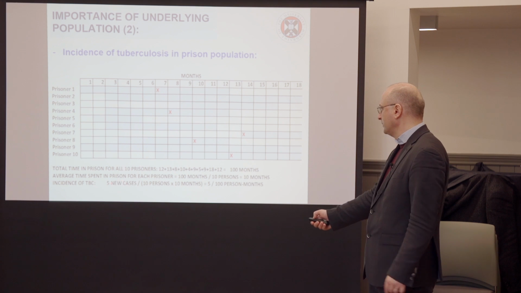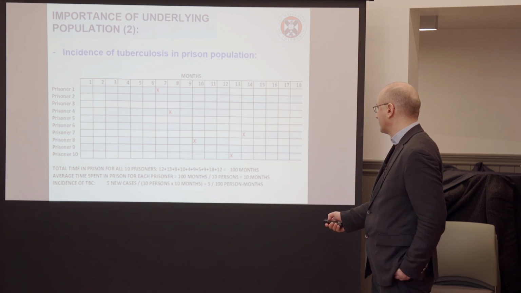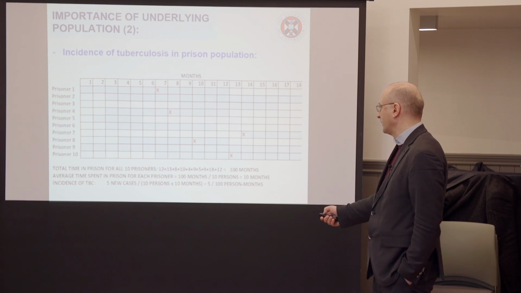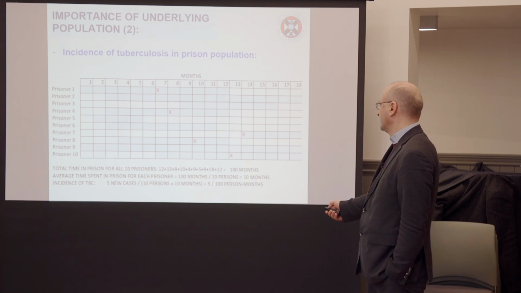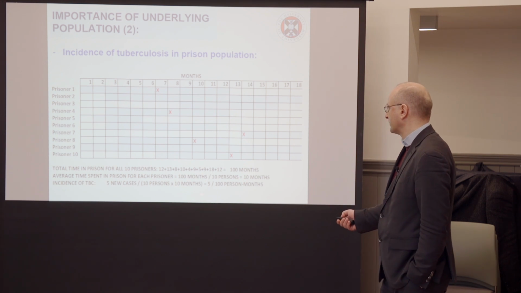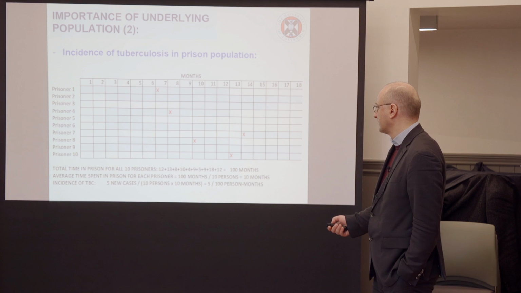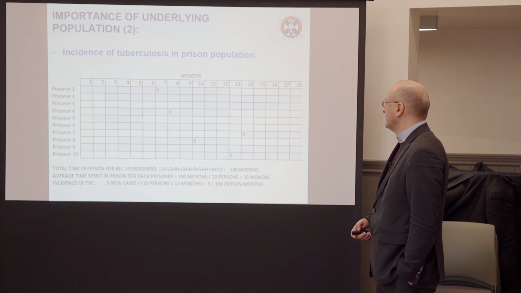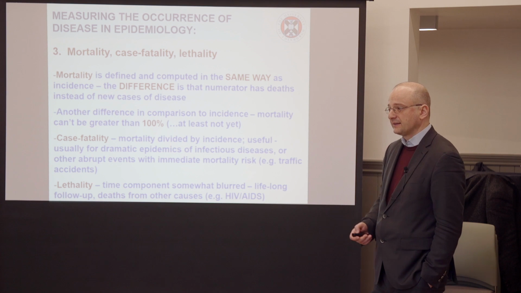And then you have 5 new cases versus 10 persons times 10 months, because average time spent in prison for each prisoner was actually 100 months all total per 10 persons. So basically you had the incidence of 5 per person-months. All right. So that's that.